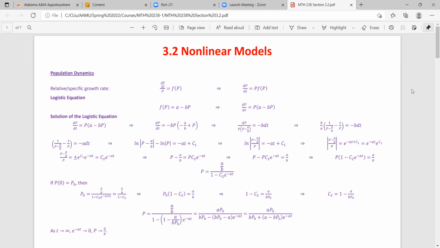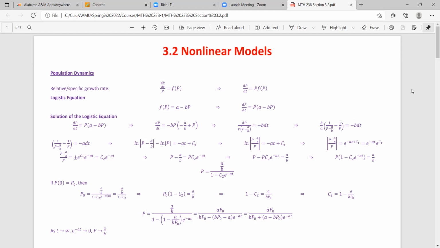And then what you do is divide by P and (P minus a over b) on both sides of the equation to get dP over P times (P minus a over b) equals negative b dt. Okay. I have written P minus a over b to put P in the front. But that does not change the equation itself.